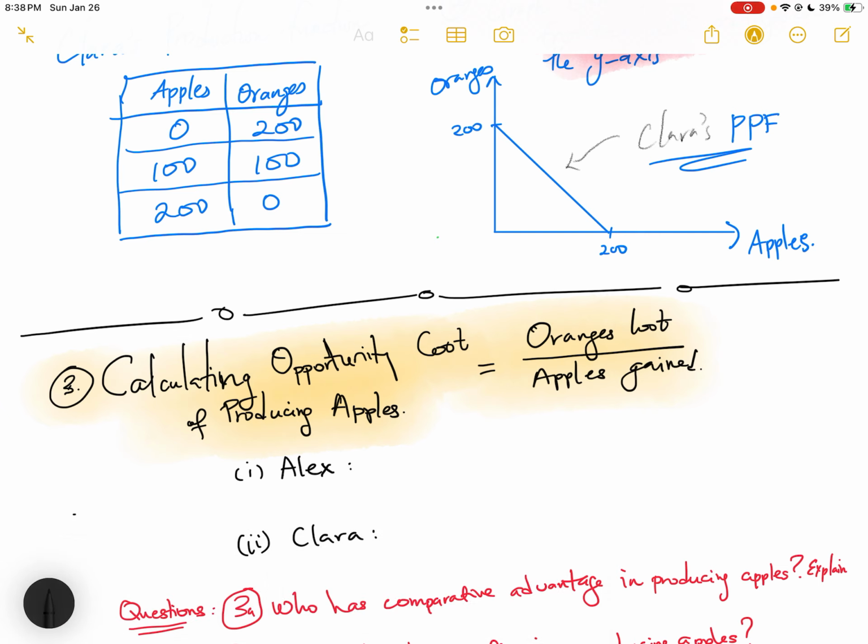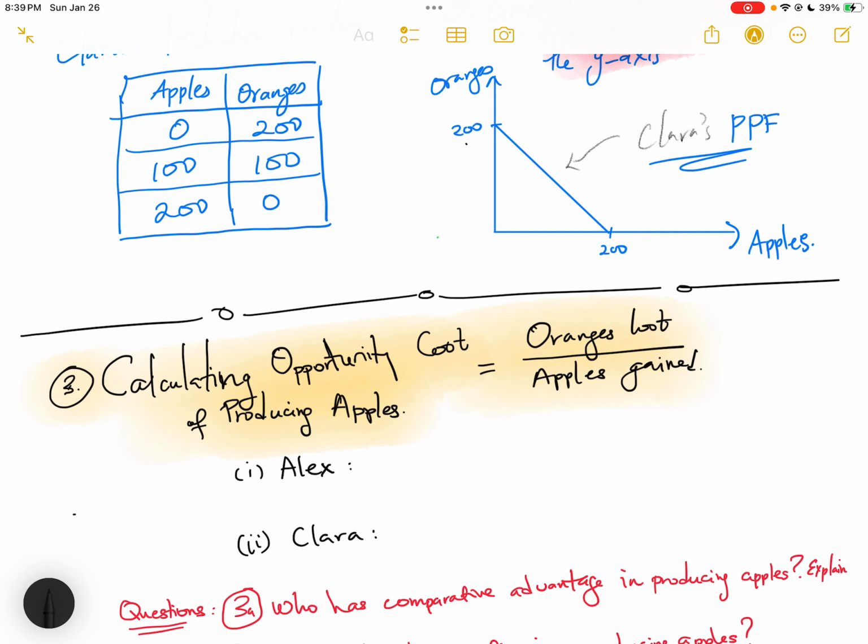We are going to just use the endpoints to calculate the opportunity cost. Why? Well, this is a linear PPF. I have multiple videos so far on PPFs and how to draw them, so please check that out on your own time. Okay, we are going to use the endpoints to calculate the opportunity cost here.